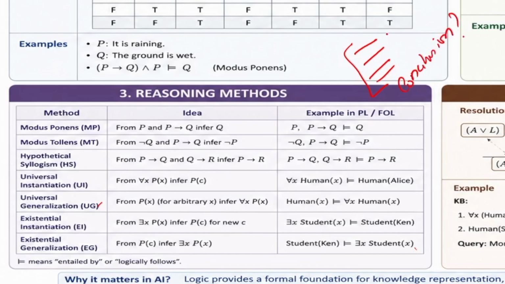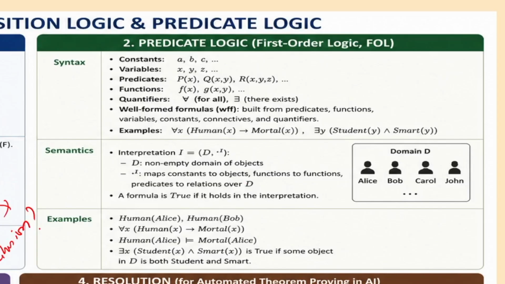For that we are going to use both proposition as well as predicate logic. When comparing proposition with predicate, only two things vary. One is the quantifiers, and because of quantifiers we would have functions and predicates. This we did in detail in unit 2.